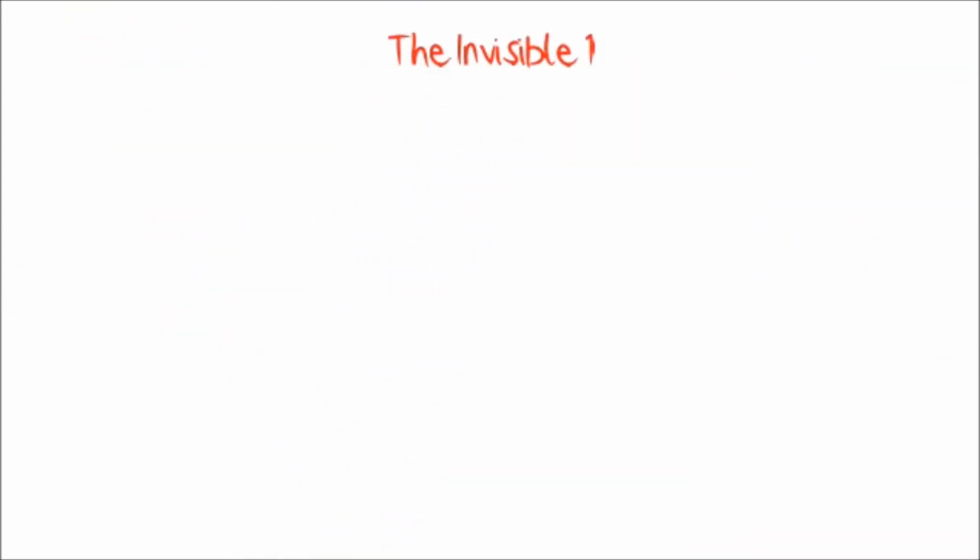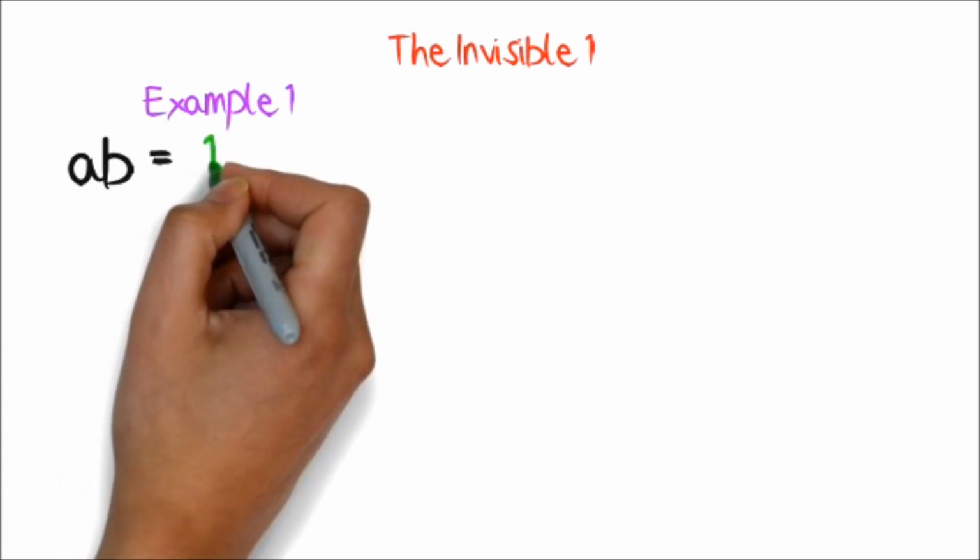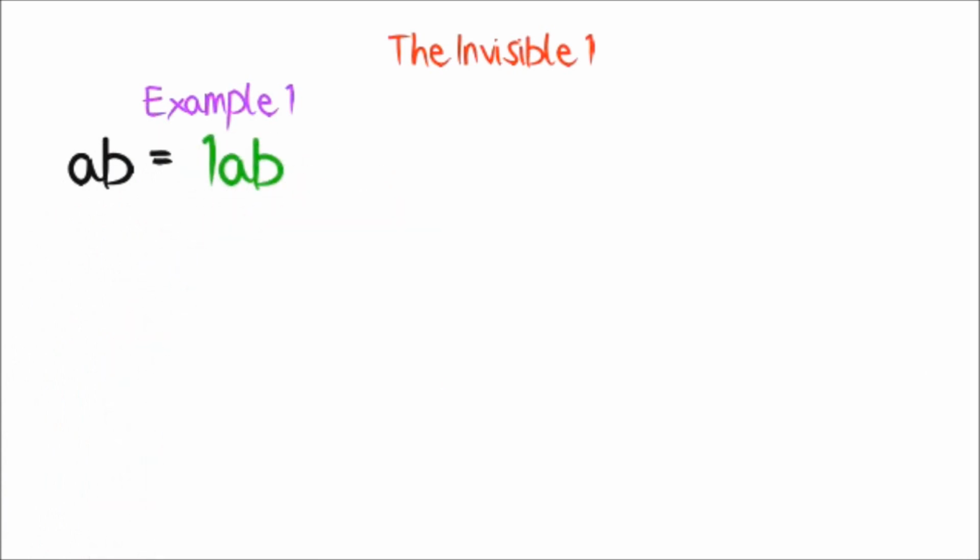The invisible 1. Let's look at the invisible 1 in algebra. Example: ab is the same as 1ab. This means if we have just letters without a number in front, the invisible 1 is assumed.